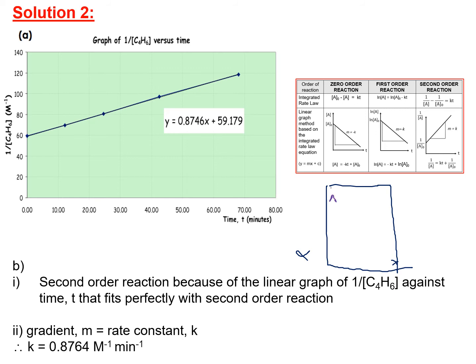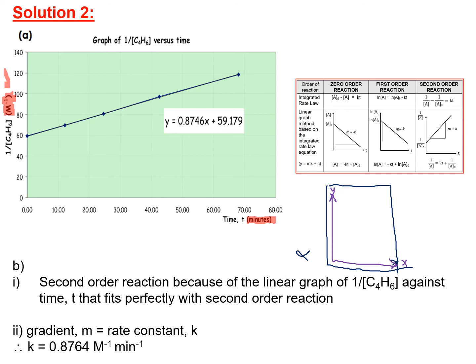Okay, so let's say this is your y-axis and this is your x-axis. Your y-axis should be 1 over concentration. Look here, the unit is not left out. The unit is per molar. This graph is good because the y-axis is labelled with its unit. The x-axis is also labelled with its unit, which in this case is minutes. And it also gives the title of the graph.